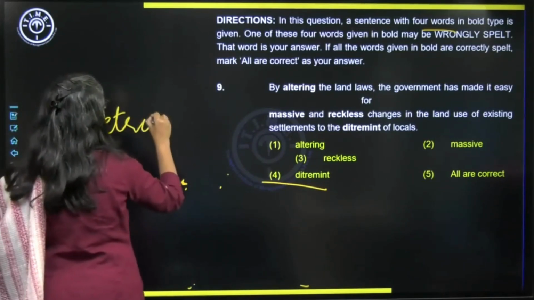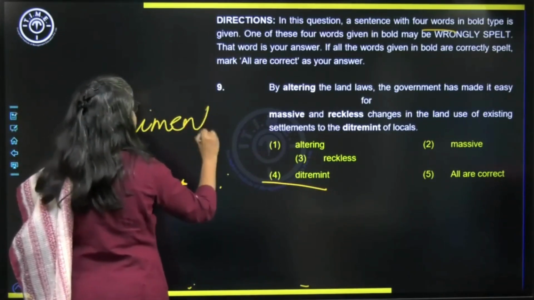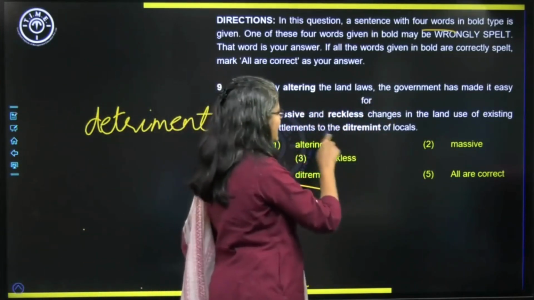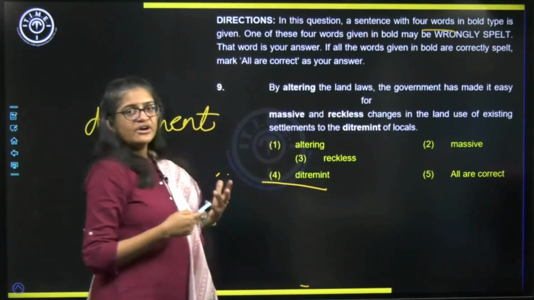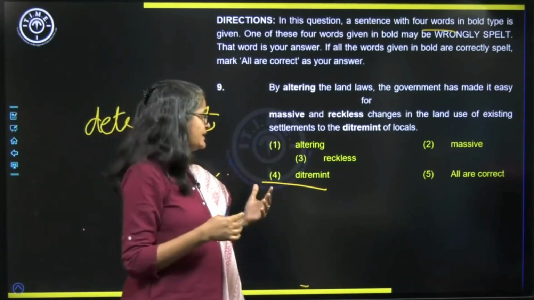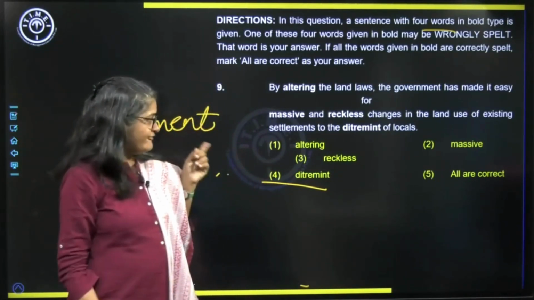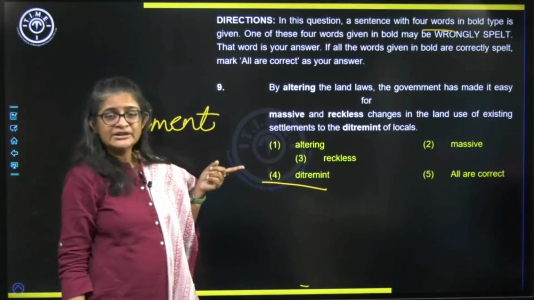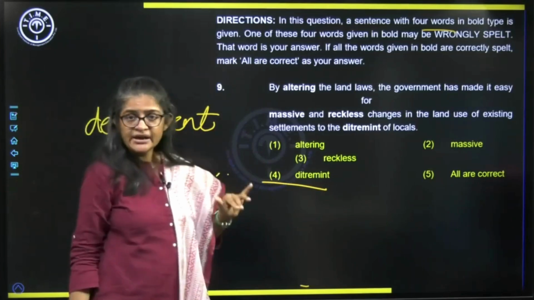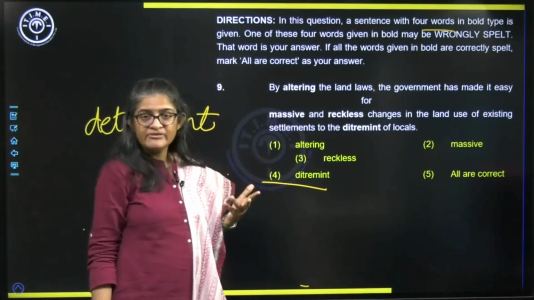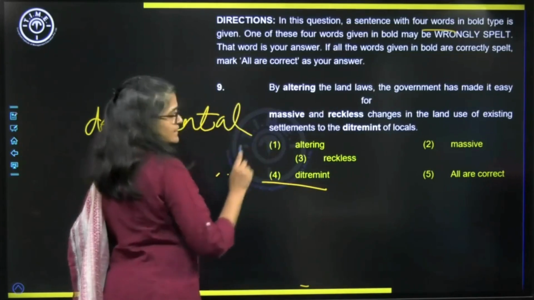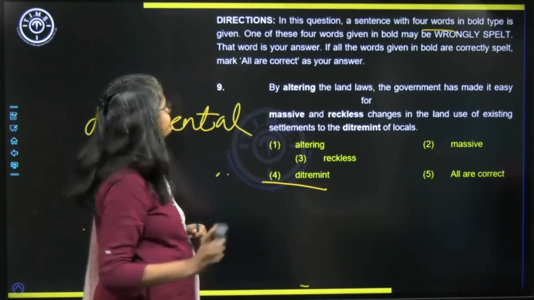Detriment. Detriment is harm or destruction. So the change in the land laws has made it easy for people to make random changes in the use of land, and this has affected the locals adversely. It has harmed them. Detriment is the noun. The adjectival form is detrimental, harmful, detrimental.